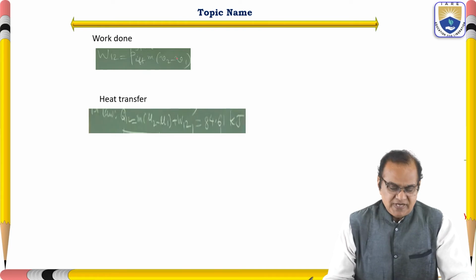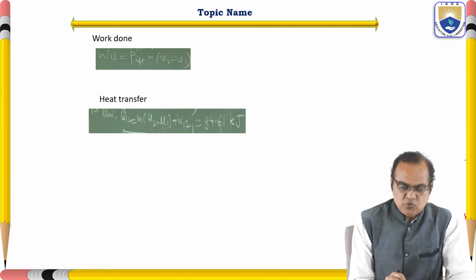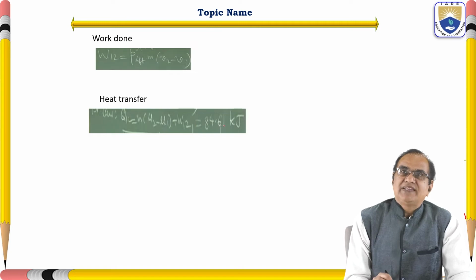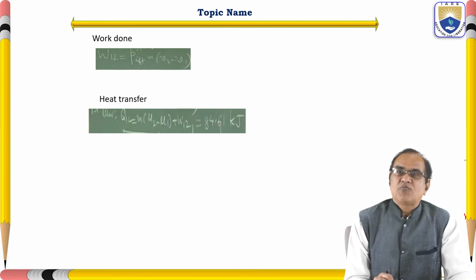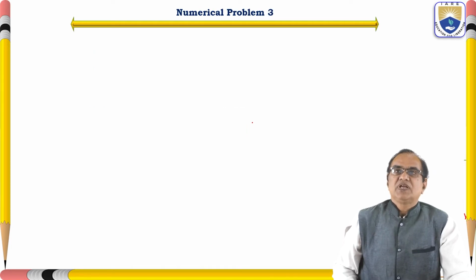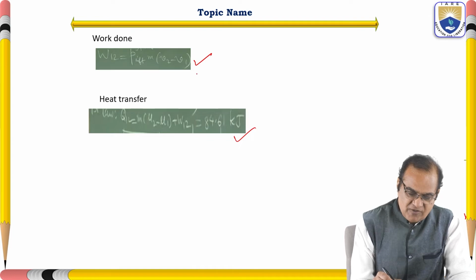And heat transfer, we can get from here: heat transfer is equal to m into U2 minus U1 plus work done 1 to 2. And this will come to 84.61 kilojoule. In this way, because work done we have got from here, we will put this value. U2 we have got, U1 we got, m we have.